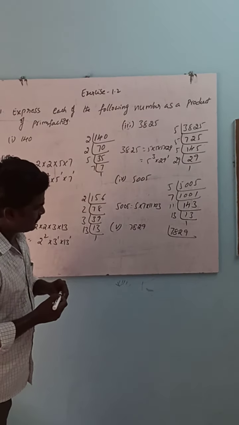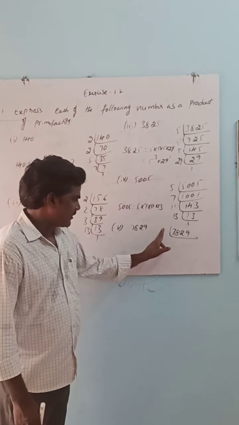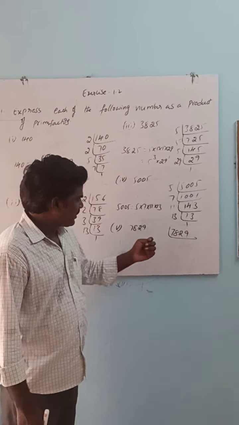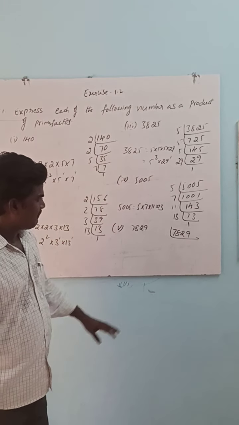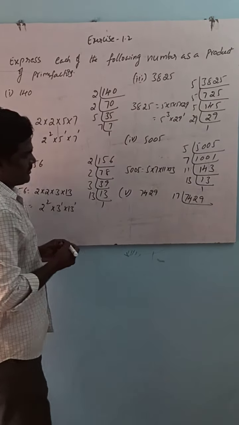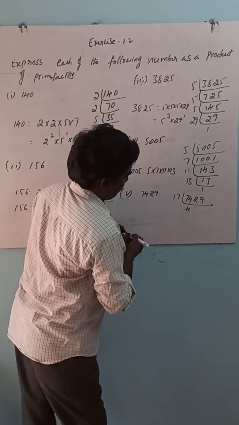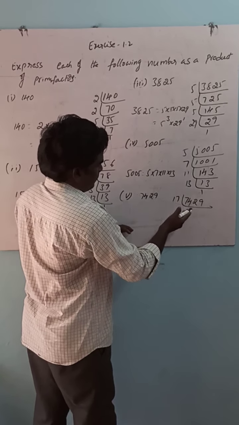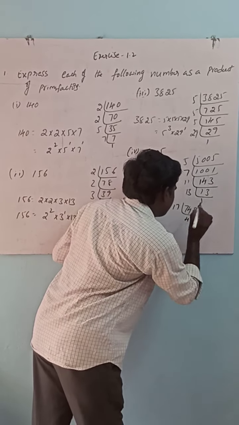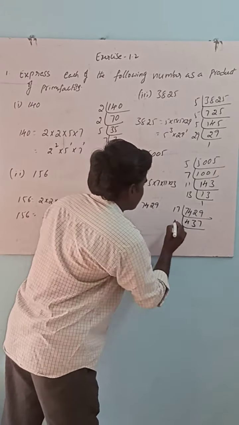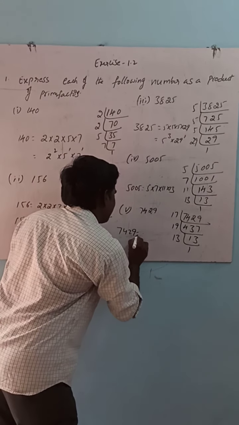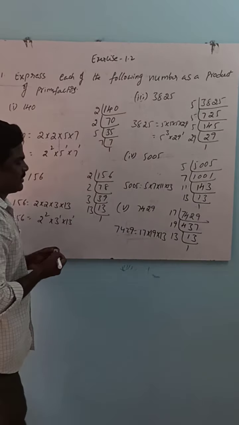Next, 3 also does not divide. 5, 7, 7 is also not divisible. 11 does not divide. 17: 17 into 437. Then 19: 19 into 23, 23 into 1. So 7429 is equal to 17 into 19 into 23. Okay, the product of prime factors.